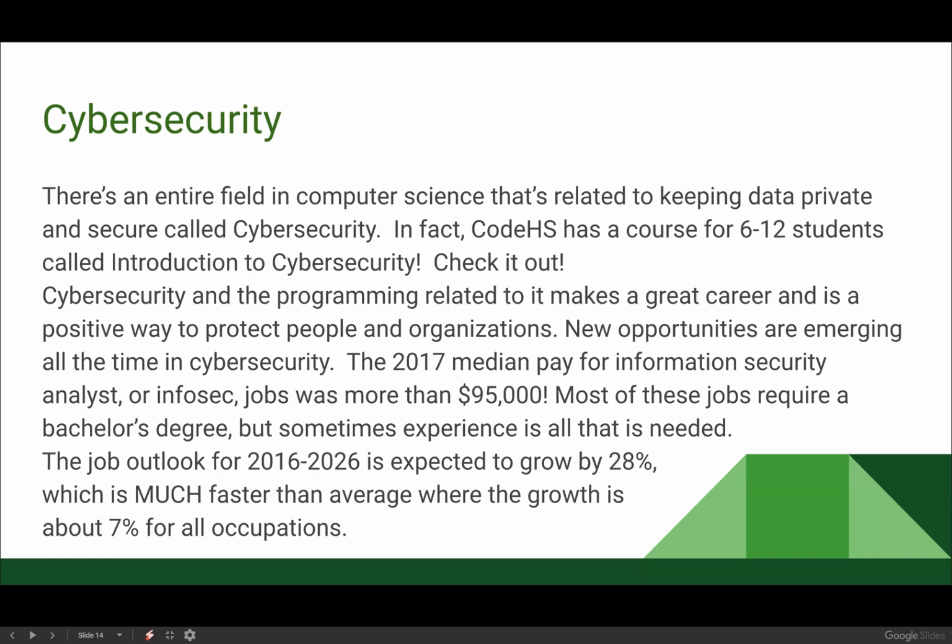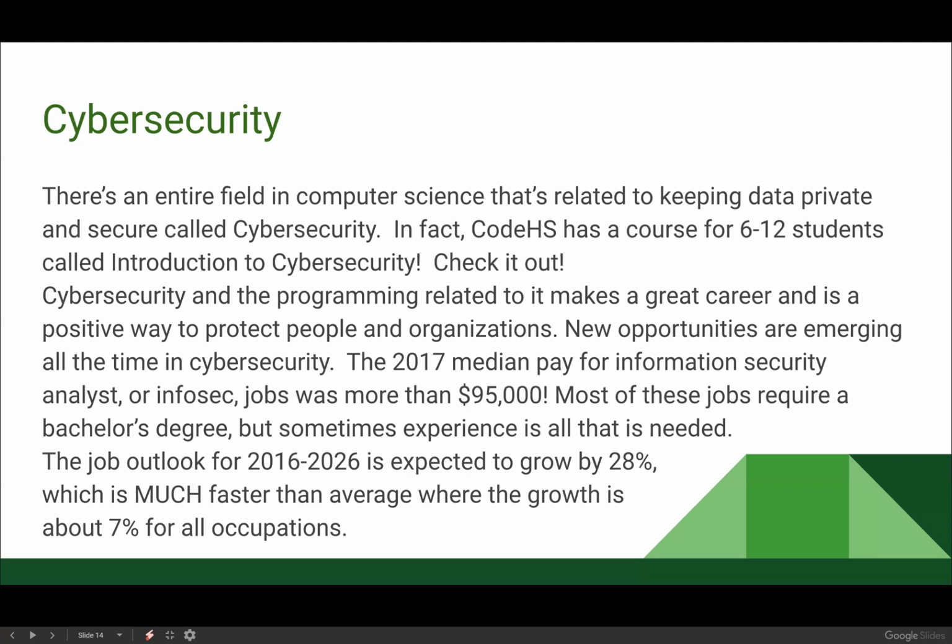And there is an entire field in computer science that is related to this idea of keeping data private and secure, called cyber security. Security for the cyber world for computers. So CodeHS actually has a course for 6th to 12th grade students called Introduction to Cybersecurity that you can check out if you like.